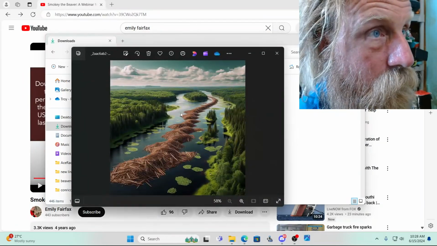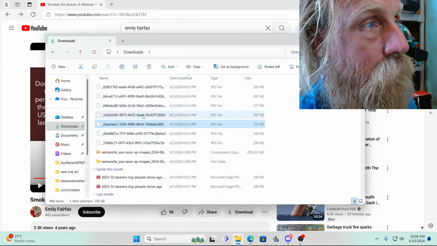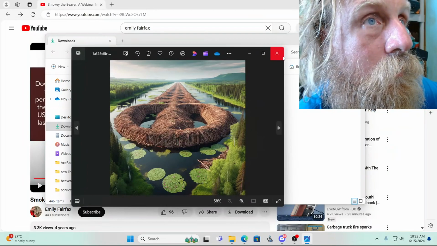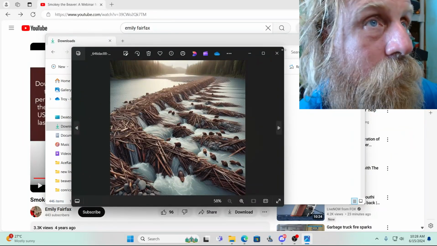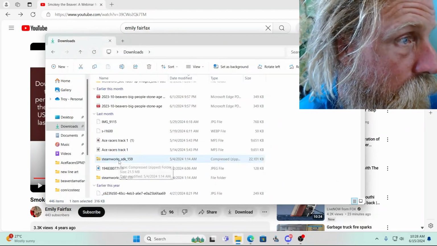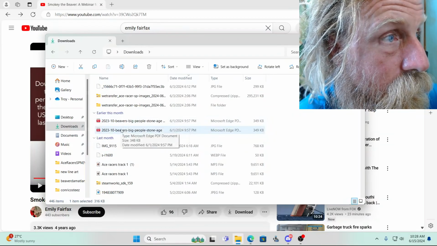Just like different AI generated art for beaver dams. This one's pretty cool.